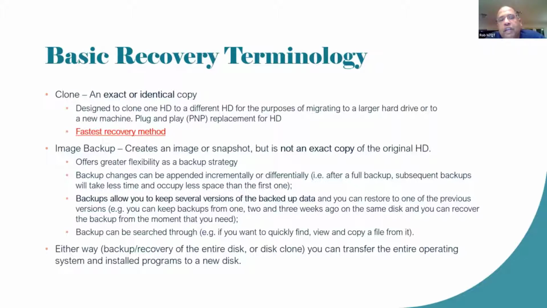But the beauty of an image backup is you can essentially have multiple images on a hard drive. So in case of my storage drive, I could have 8 images, I'm just picking 8 out of the air. I could have 8 images of my C drive taken on different days, weeks, or months.